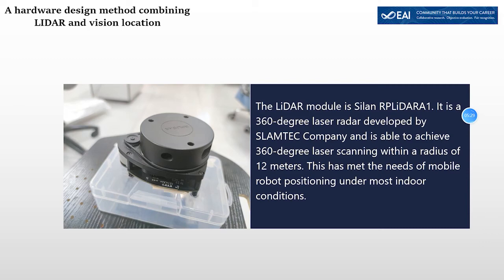The LiDAR module is Slamtec RPLIDAR. It is a 360-degree laser radar developed by Slamtec Company and is able to achieve 360-degree laser scanning within a radius of 12 meters.